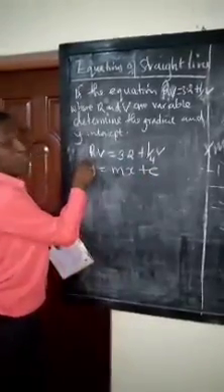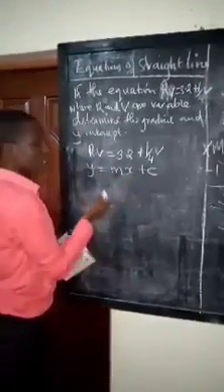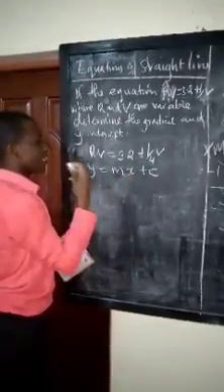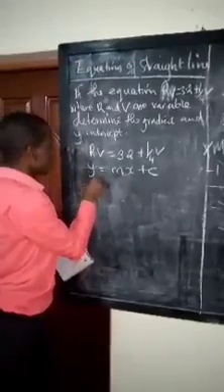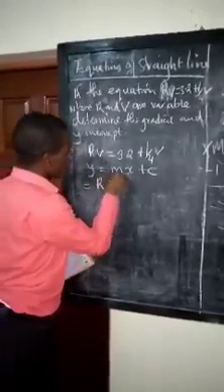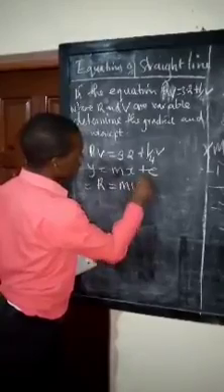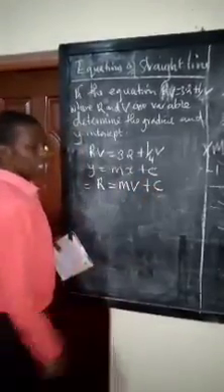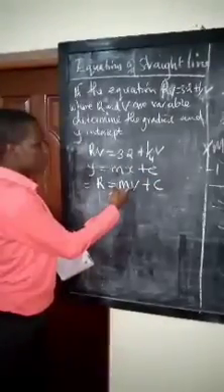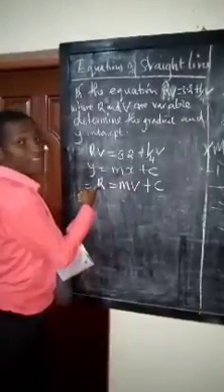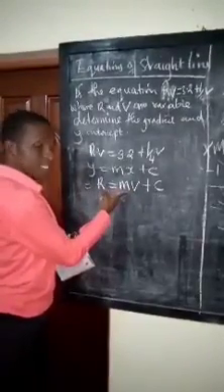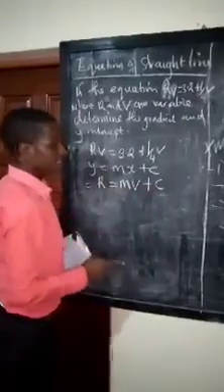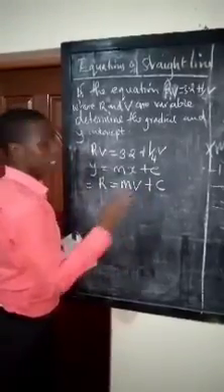But because we don't have x and y, we write the equation in the form of r equals mv plus c, where v takes the place of x, and r takes the place of y. m is the gradient, c is the y-intercept. They are constants, they remain that way.